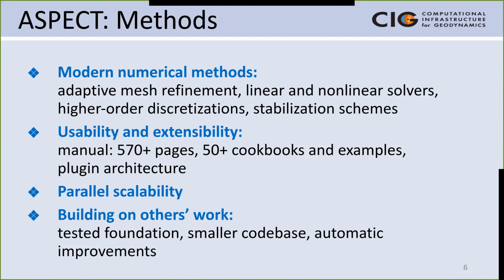That really has allowed us to leverage all of the work that is being done in these other libraries. These libraries are well tested. We don't need to write and debug the code ourselves. The Aspect code itself is much, much smaller than it would be if we had to do all of these things ourselves. And then, of course, if, let's say, deal.II improves its functionality or makes it faster, we get all of these things in Aspect as well. So that's a conscious decision that we gain by building on other people's work.